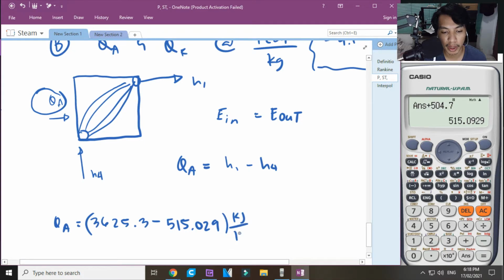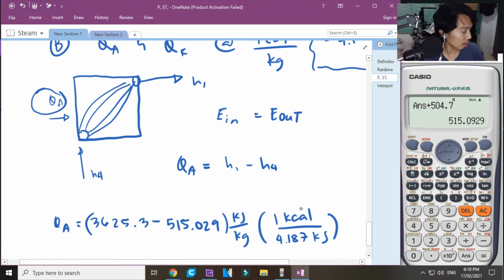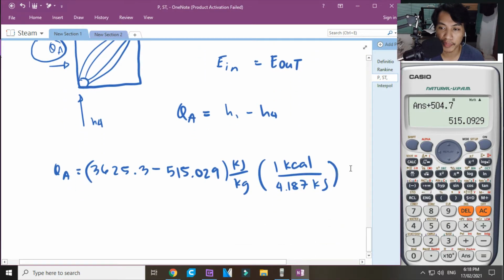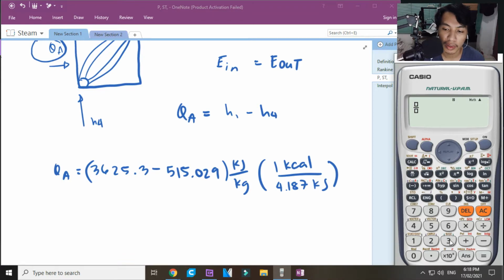kilojoule per kilogram. But we want kilocalories, so multiply by 1 kcal per 4.187 kilojoule. Always convert in the final answer. So, 3625.3 minus 515.029 divided by 4.187.